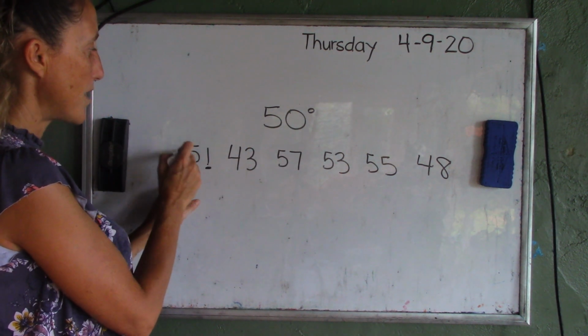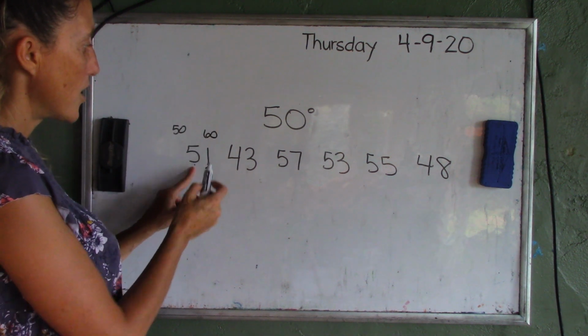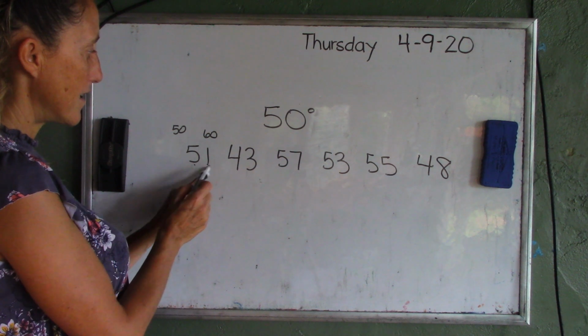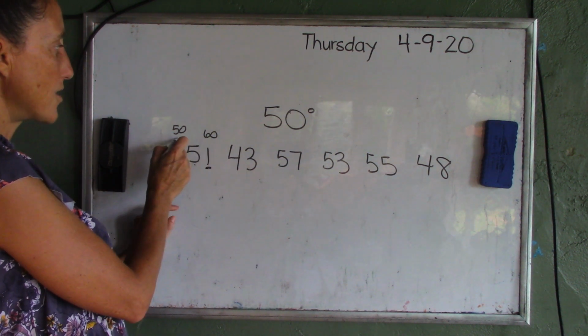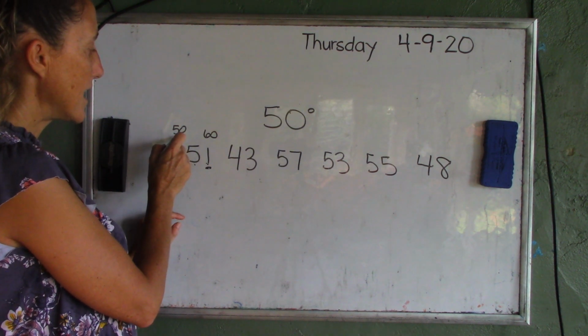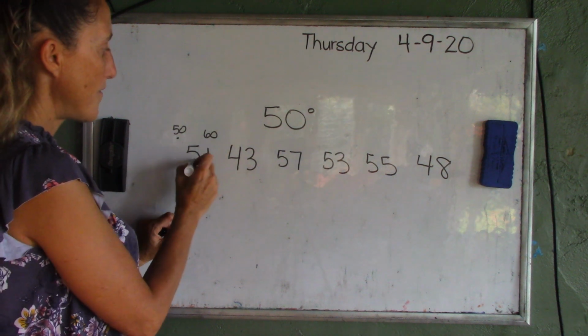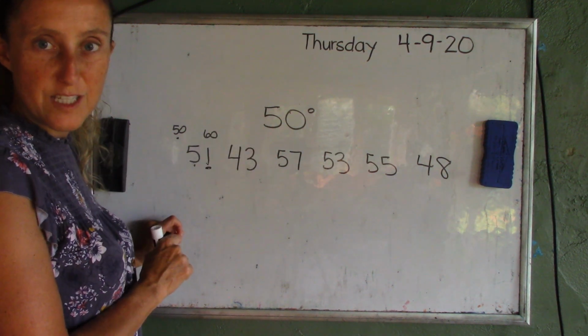So 51 is between 50 and 60, right? So 51, the second digit, is under 4, so we go back to the first 10, right? So 51 is closer to 50. So if I round 51, it would be rounded to 50, okay?